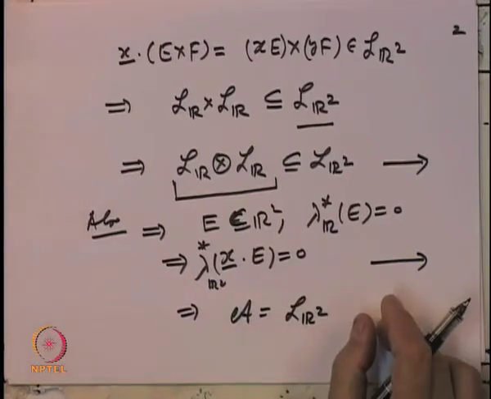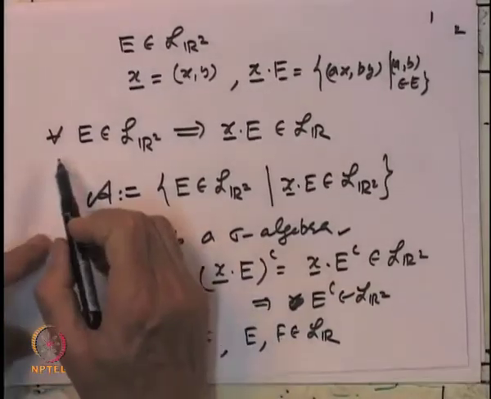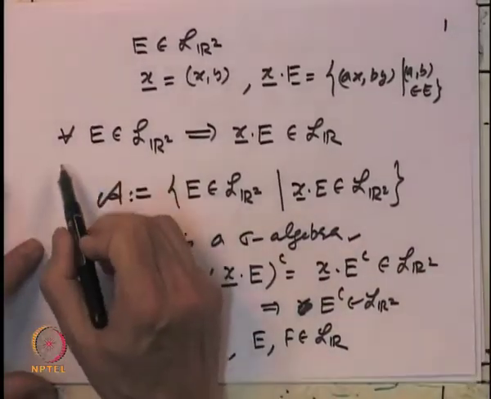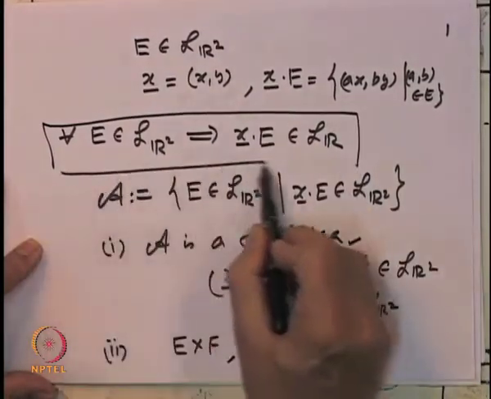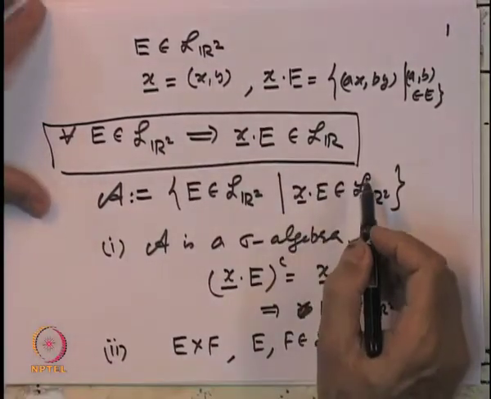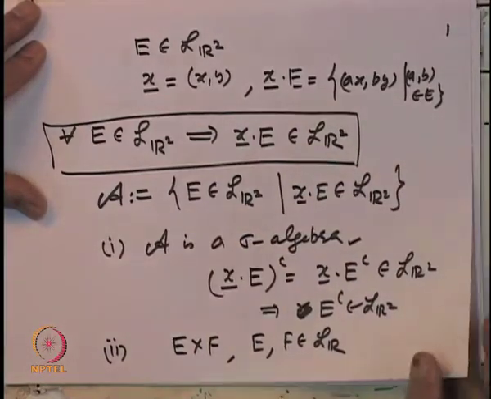So, this is basically the sigma algebra technique, which is used to prove the fact that for every set E, this property is true. So, x dot E belongs to L of R 2 whenever E belongs to L of R 2.